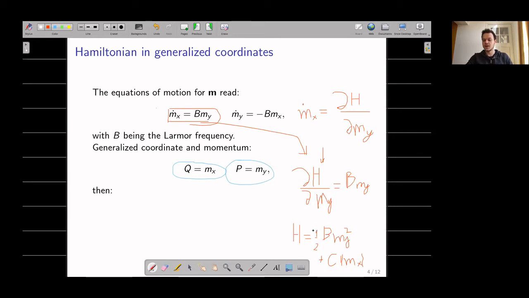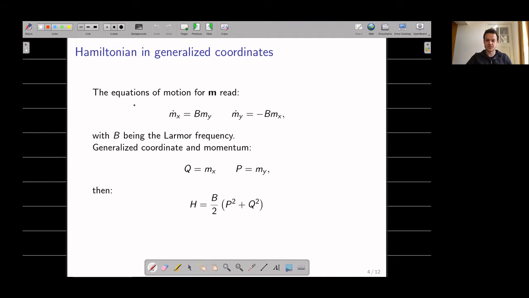Okay, so one can determine the Hamiltonian, which will be a quadratic dependence of my and mx, plus of course a constant that would not matter, because you can always shift the energies. And here, this is the Hamiltonian, with the following replacements, like q and p here.